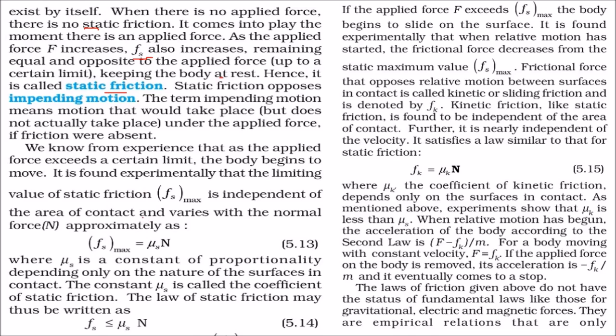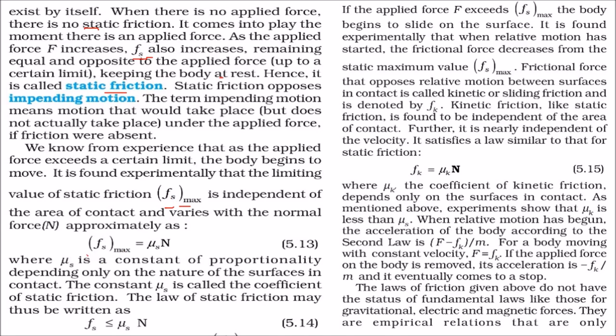Fs max is the point at which you push it and it starts moving. So Fs max is the maximum static friction, the maximum force that can hold that body, beyond which if you apply an opposite force, the body is going to move.